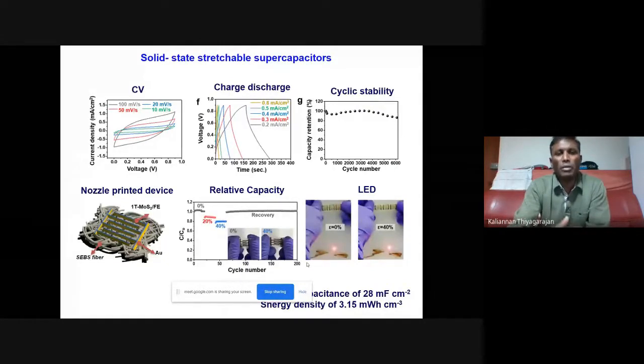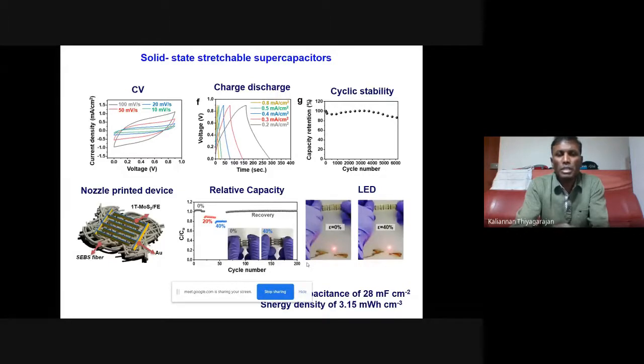We plan to, because this 1T-MoS2 is a metallic phase and has electrochemical activity. This electroactivity comes from its metallicity and hydrophilicity, as well as the oxidation states from plus 2 to plus 6. So we can utilize that to make a real capacitor.